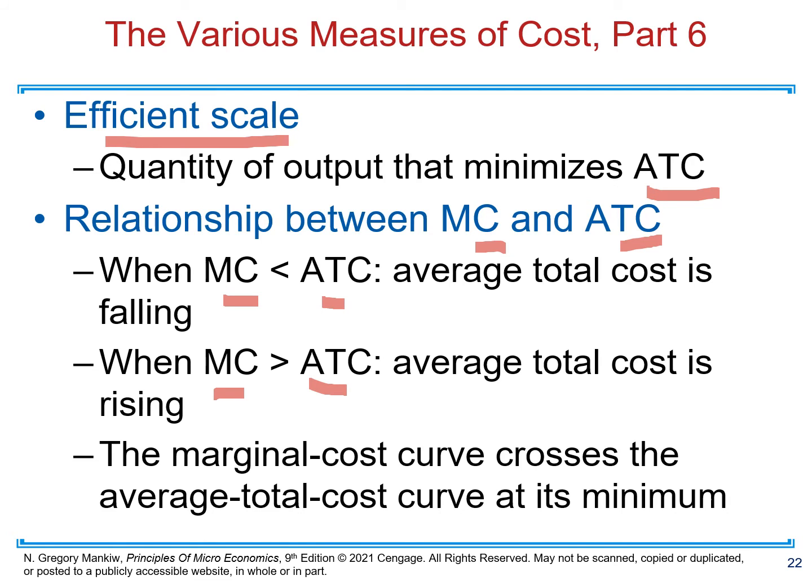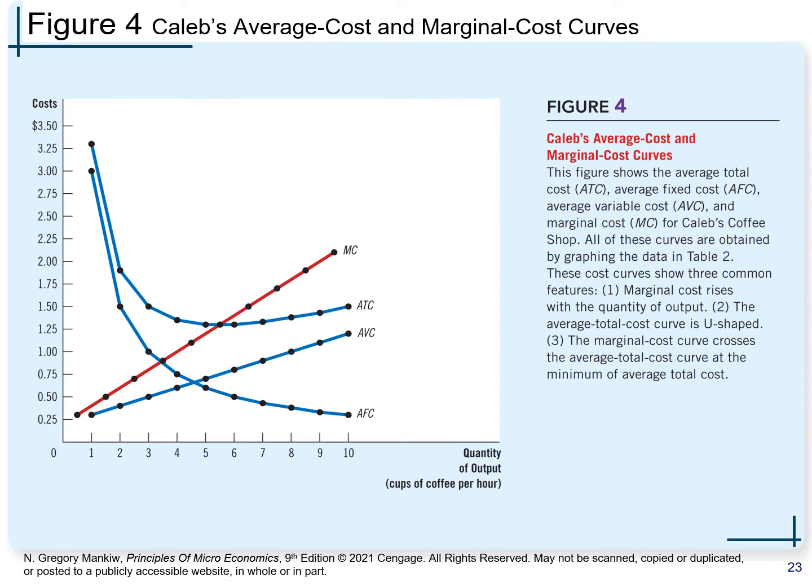Here the first one, I'm sorry, is falling. The next one is rising. The marginal cost curve crosses the average total cost at its minimum. It makes it clear if we look at the graph here. This is our average total cost, right here.